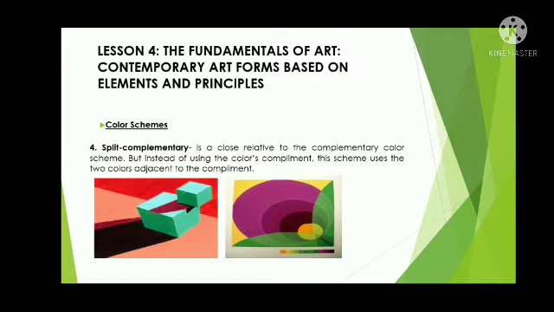So a split complementary scheme involves the use of 3 colors, start with one color, and find its complement and then use the 2 colors on the other side of it. So for example, the complement of blue-green is red-orange, and the split complement of blue-green would be red-orange. So as you can see in our examples, they use split complementary colors in representation to their artwork.